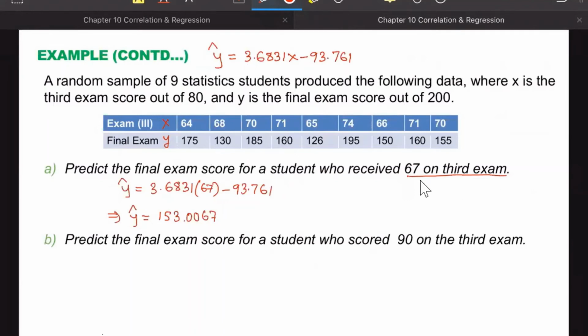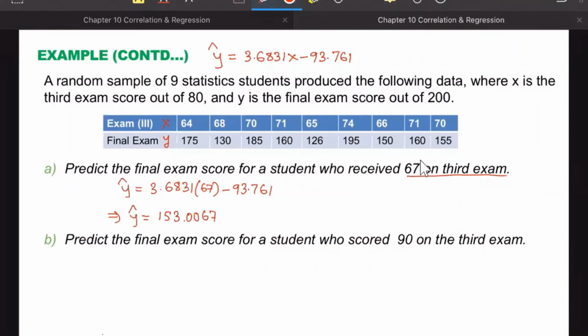One thing you have to be very careful about here: this 67 is a value which lies in the domain. The domain for this equation has a minimum value of 64 and a maximum value of 74, and 67 is in between 64 and 74.